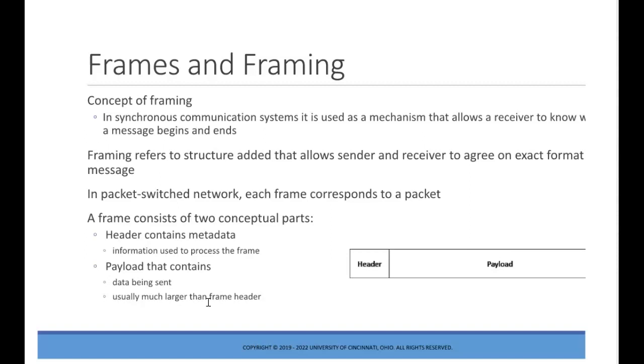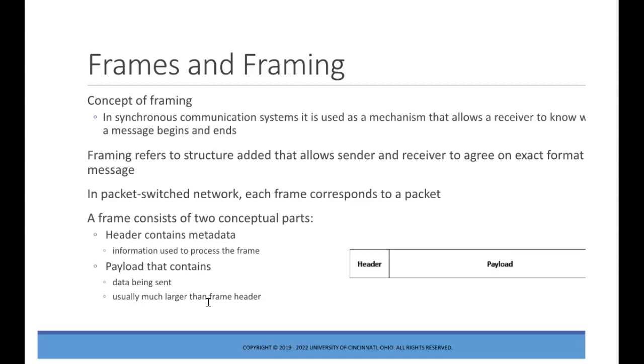In a packet switch network, each frame corresponds to a packet. A frame consists of two conceptual parts. First, a header that contains metadata, which is the information used to process the frame. The term metadata refers to information about the data contained, sometimes referred to as data about data. The second part of the frame is a payload, which contains the data being sent.